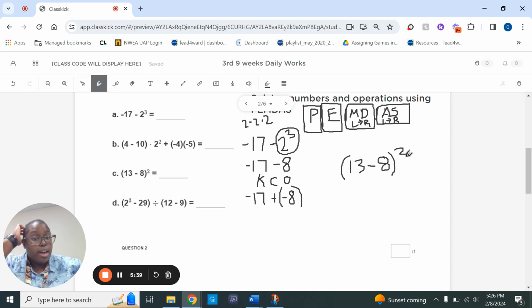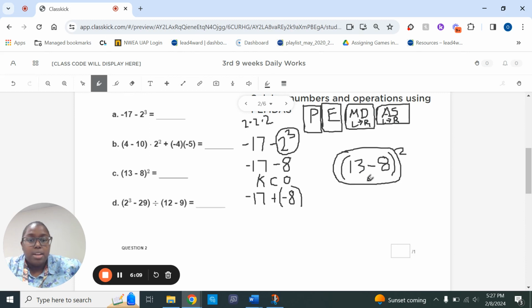Now, when you have an exponent touching a parentheses, you are not allowed to attach that exponent to a number until you solve that parentheses. So that means we have to solve this before we can deal with this. Plus, the order of operation dictates parentheses first. We do have a parentheses, which means we will be looking at this first. So we have 13 minus 8.